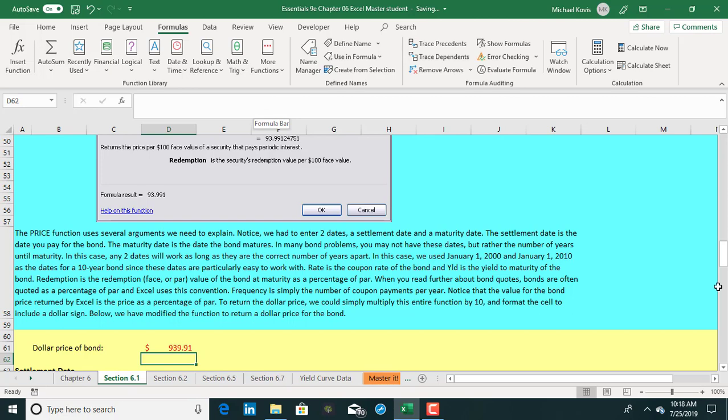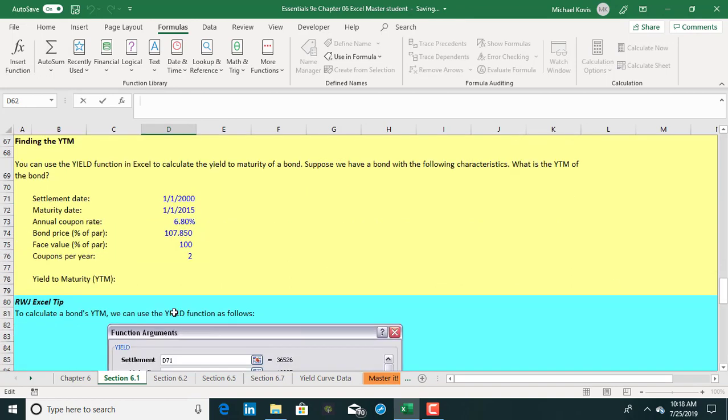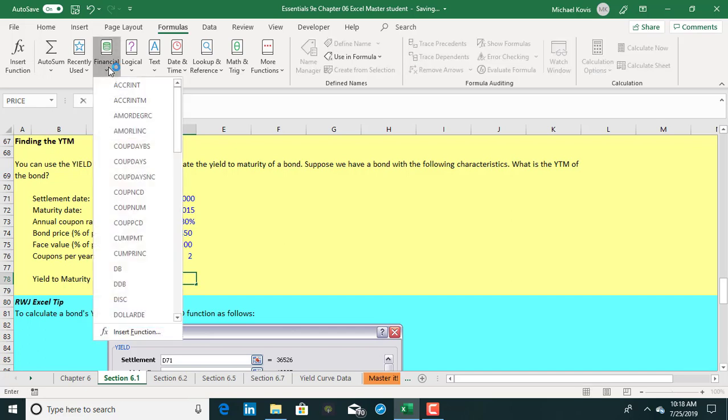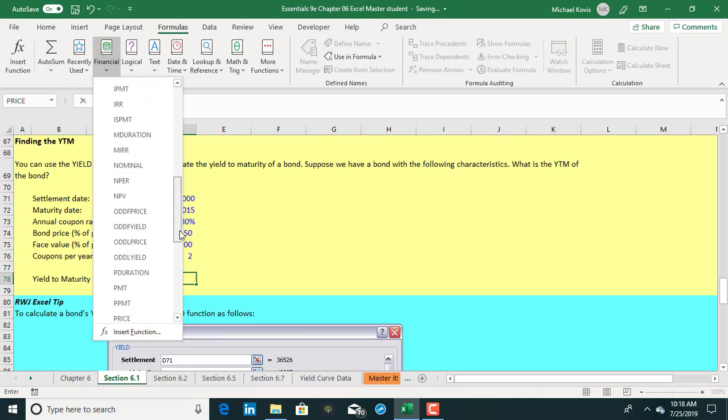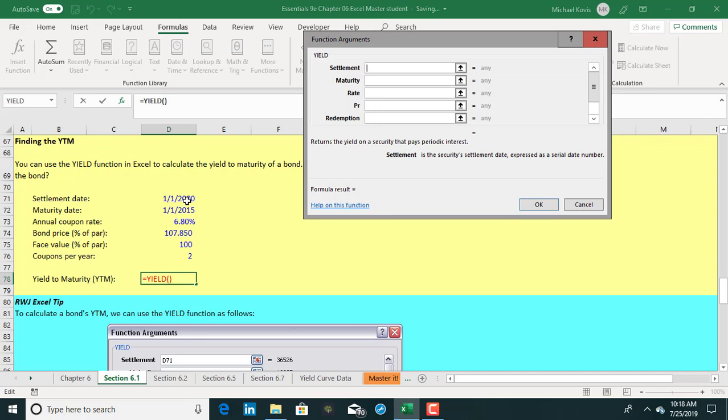Let us use our yield to maturity. Equal sign, financial, YTM, yield. There we go. And again, it needs some information. Our settlement date, the maturity, the current rate. So that is going to be your annual coupon.